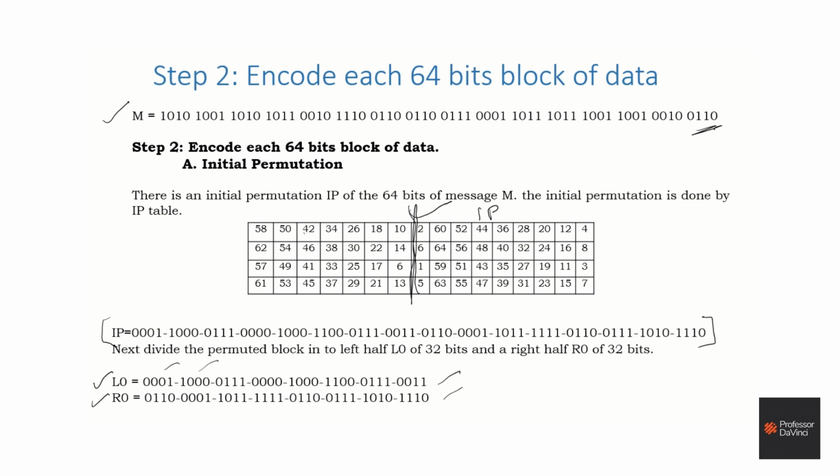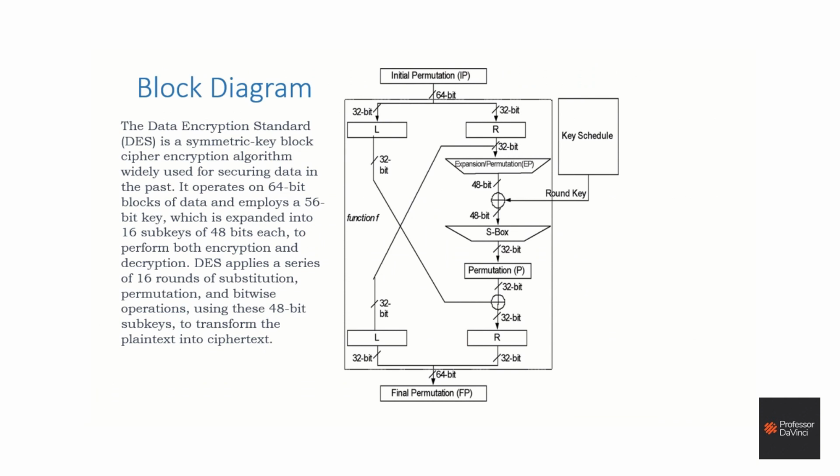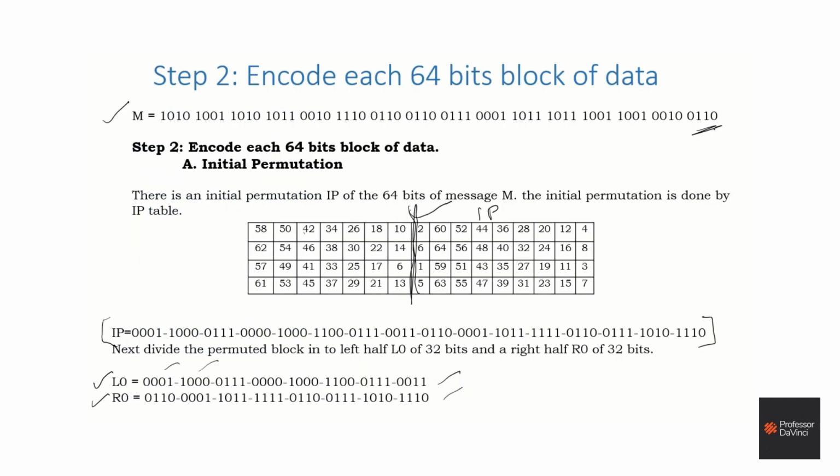As we see here in the block diagram, the 64-bit message goes to the permutation. After permutation, we are splitting it into a 32-bit left half and a 32-bit right half. The same thing is happening here. So we are splitting and we got the left half and the right half.